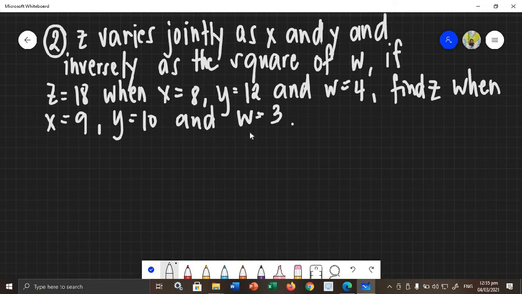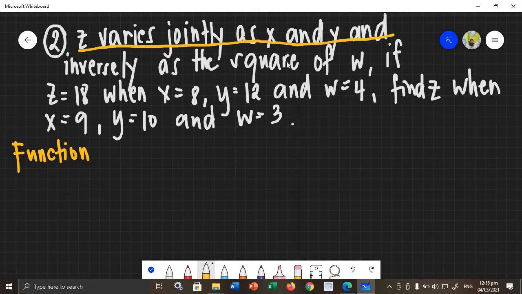So we have this second problem. This is a combination of joint and inverse variation. So again, just like what we did earlier, we will derive a function using the statement here. So ito, z varies jointly as x and y, and inversely as the square of w. If you write this into a function, it will become like this.